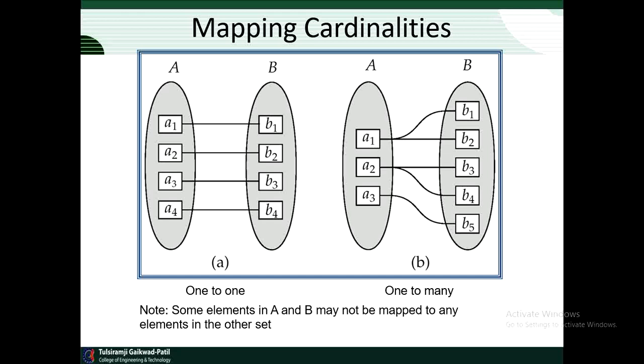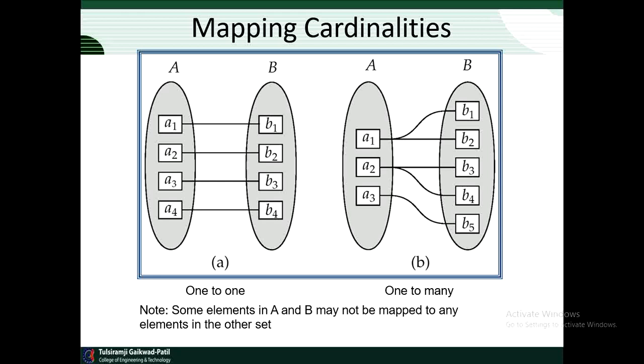In one-to-one mapping cardinality, A1 is associated with only one attribute of entity set B, that is B1, and A2 is associated with B2, A3 is associated with B3 and A4 is associated with B4. So in one-to-one mapping cardinality, each attribute of one entity set is associated with only one attribute of the other entity set.